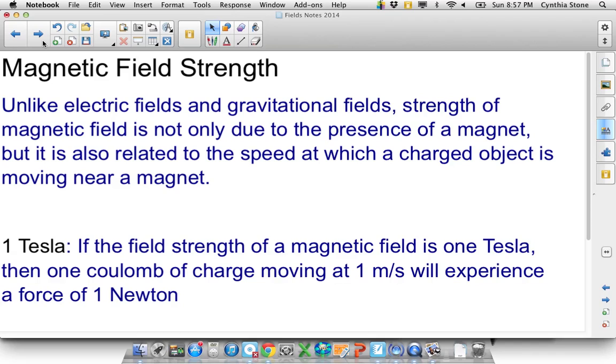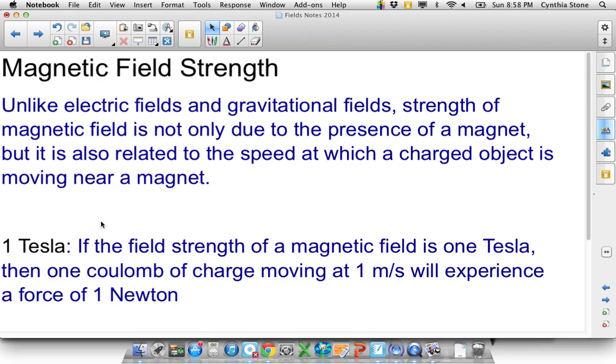But what it means is that if the field strength is 1 Tesla, then 1 coulomb of charge moving at 1 meter per second will have a force of 1 Newton, and someone just made that up. Kind of like they just made up that gravitational potential energy is negative. They made that up so it works, and everybody uses it, and everything's okay.